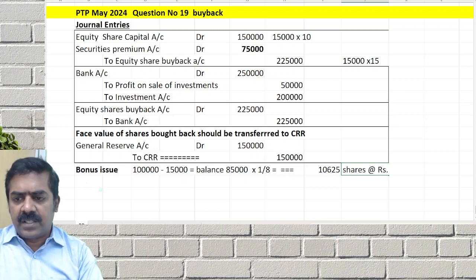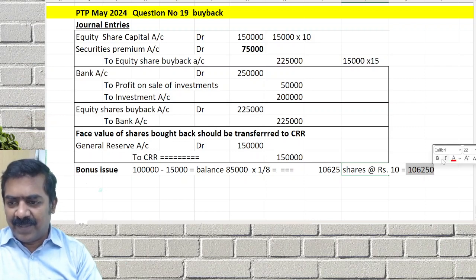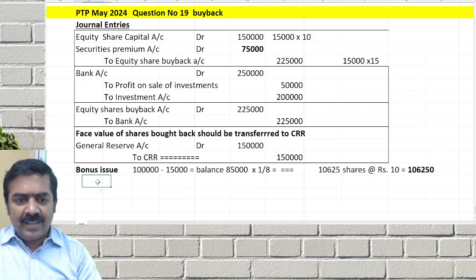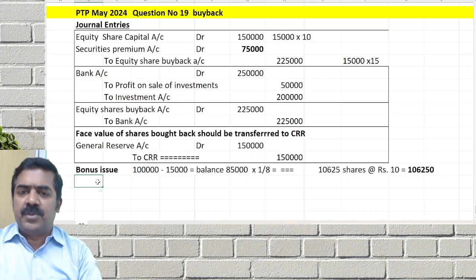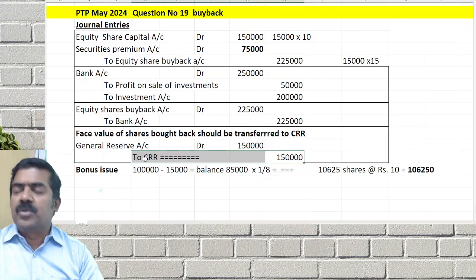At the rate of rupees 10, it will become 1,06,250. What is the entry you will pass for the bonus issue? The reserve that is created for CRR can be used only for the purpose of bonus issue.